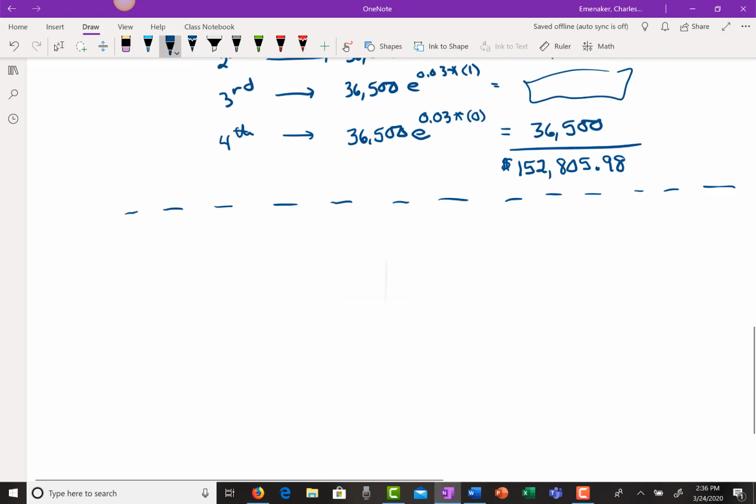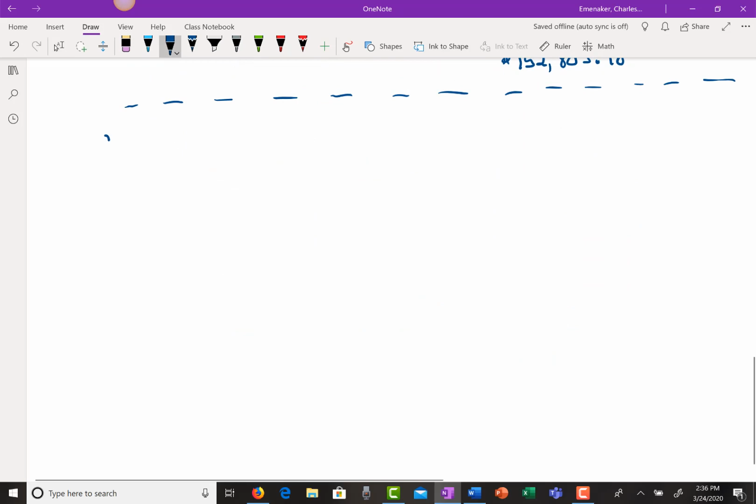Well, if we took this $36,500 and we divide it by 365 days, this would say that you would get $100 per day. Would you be better off receiving the $100 a day or receiving the lump sum $36,500 at the end of the year?